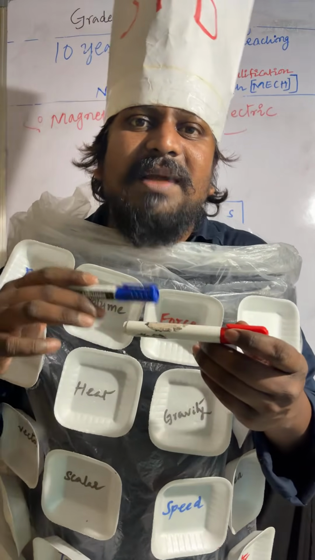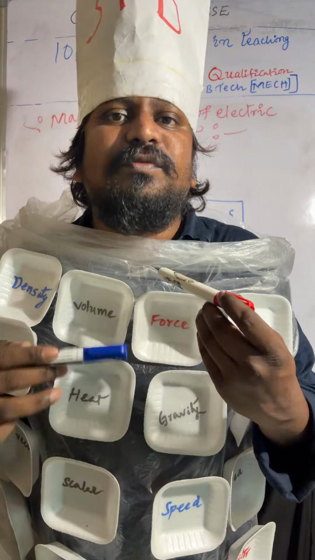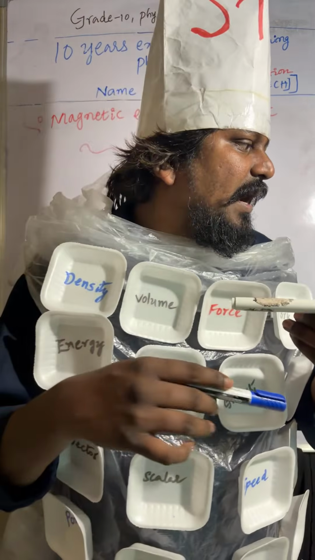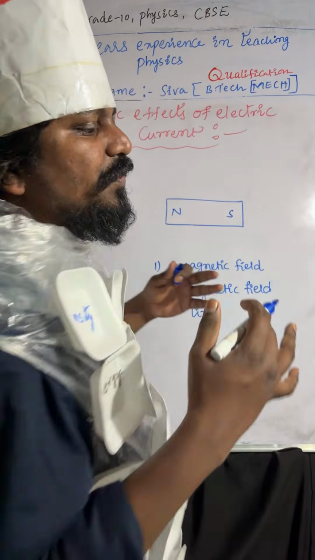Within the region, this magnet will influence and act with force, but beyond its limit, it won't. Now you can consider that the magnetic field will be in the form of field lines.